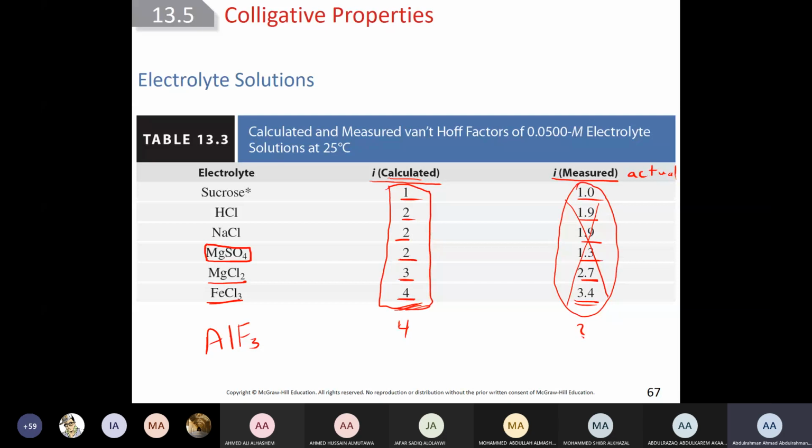Okay, if I give you, for example, let me say Ca... anything. No, that's not a good example. Let me give you something else. Let's assume that I have this thing. What should be the calculated?